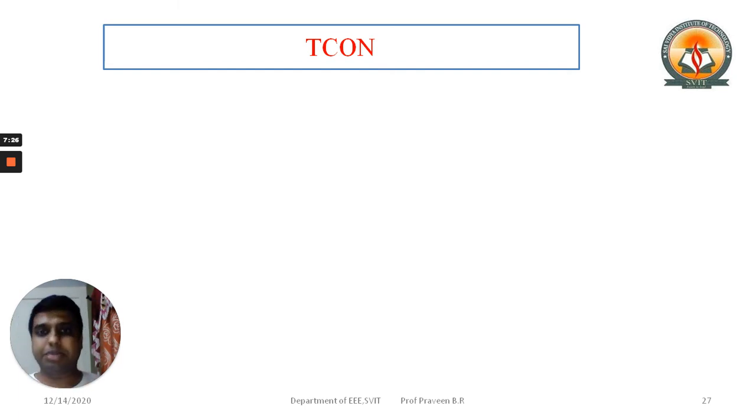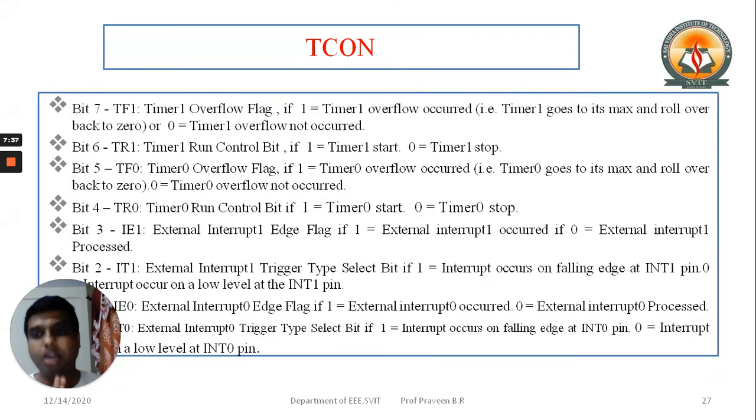Timer 0 sometimes can overflow. When it overflows, there are bits called TF0 and TF1. TF1 is the timer 1 overflow flag and TF0 is the timer 0 overflow flag.